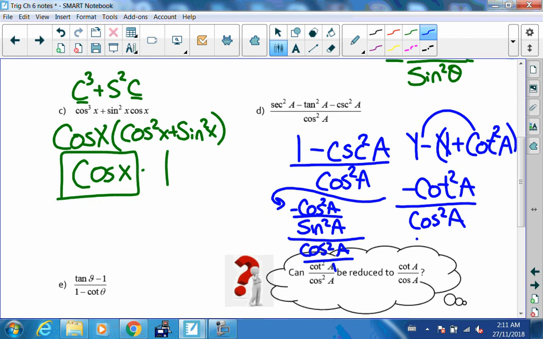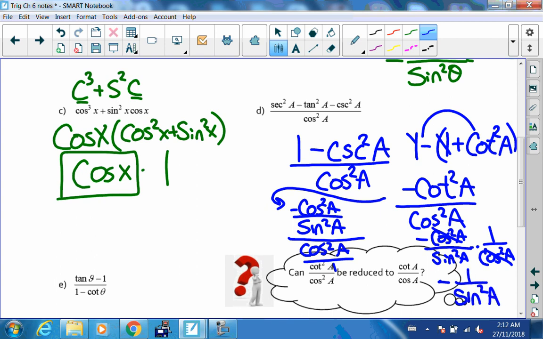This is going to flip to negative cosine squared of A over sine squared of A times 1 divided by cosine squared of A. And now this and this cancel each other out. So this becomes negative 1 over sine squared.